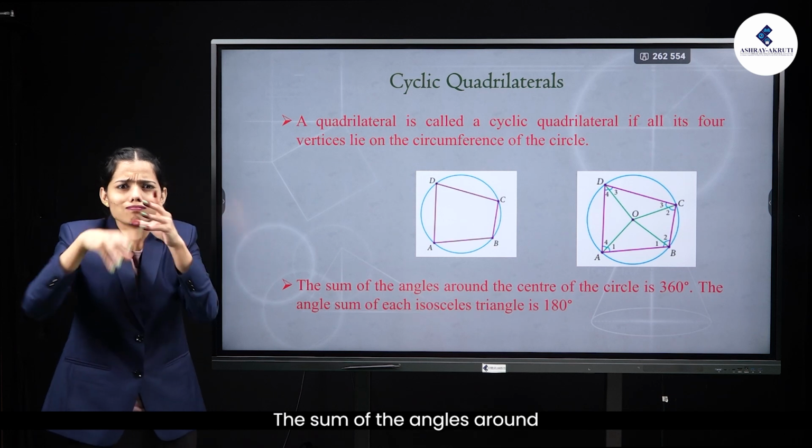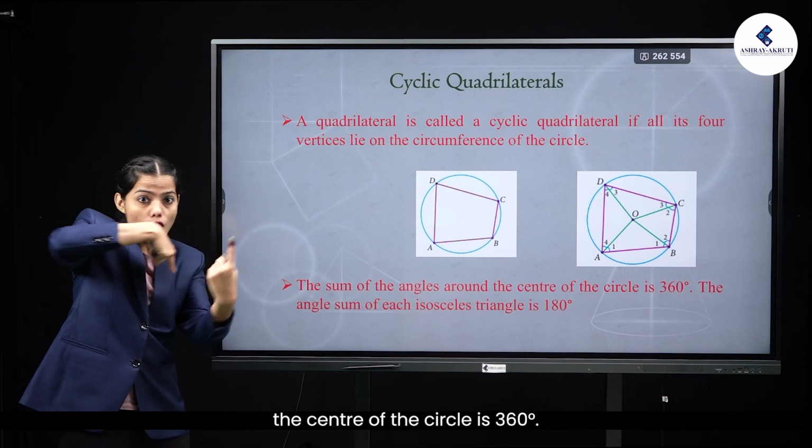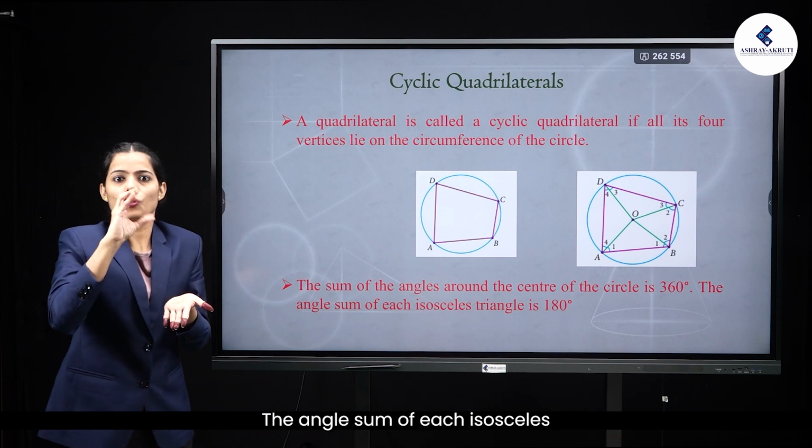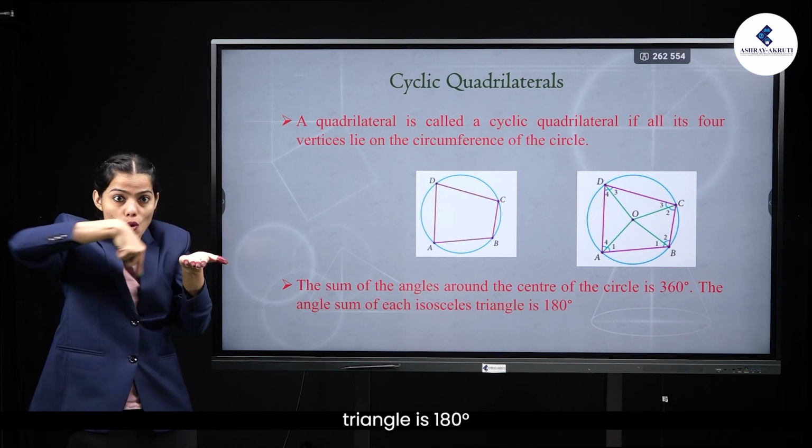The sum of the angles around the center of the circle is 360 degrees. The angle sum of each isosceles triangle is 180 degrees.